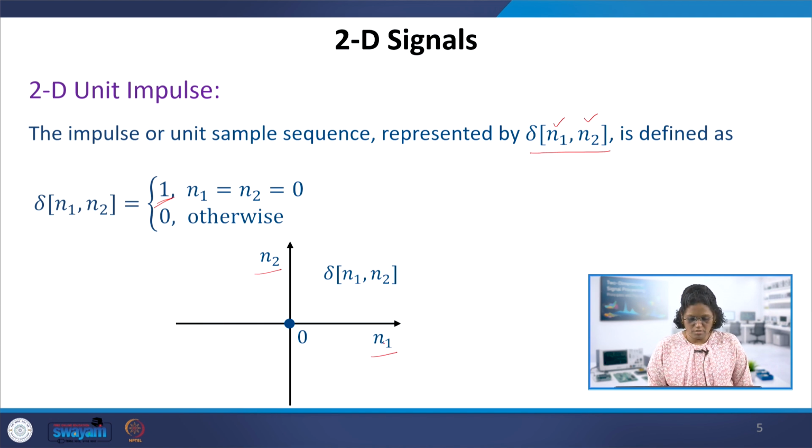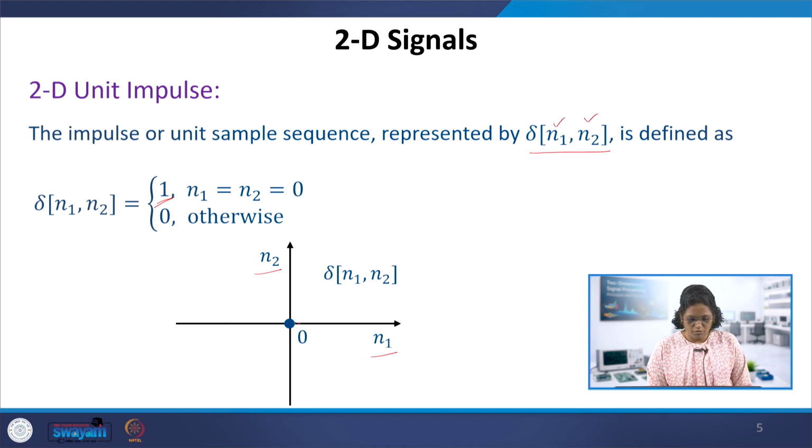When n1 is 0 and n2 is 0, this is the point, and we can visualize this as an impulse at n1 and n2 equal to 0. It looks like a point, a small circle shown here in a different color, and its amplitude is 1.